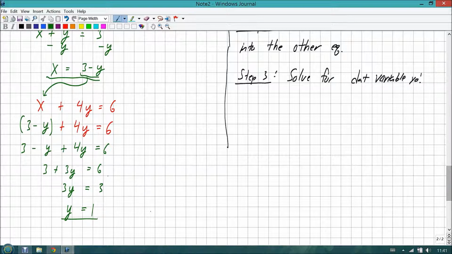We now have one of the variables solved for, which means that we got to go on to our next step. Step 4. Sub the value into one of the original equations.